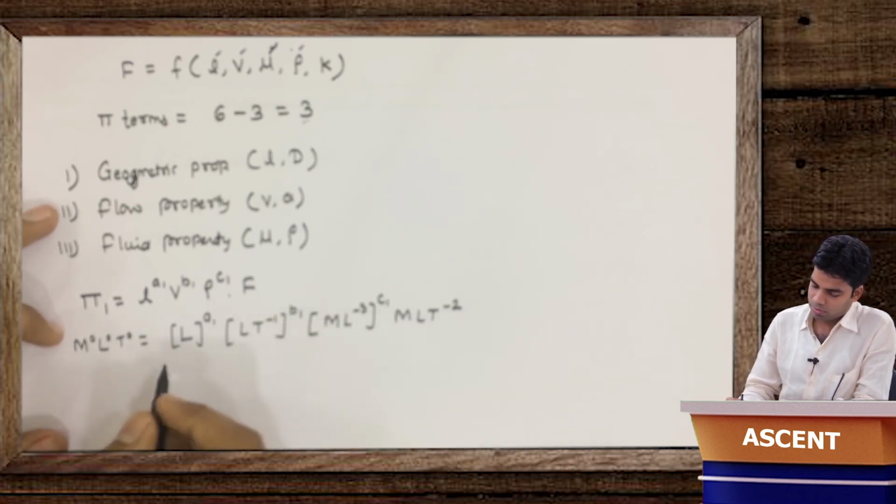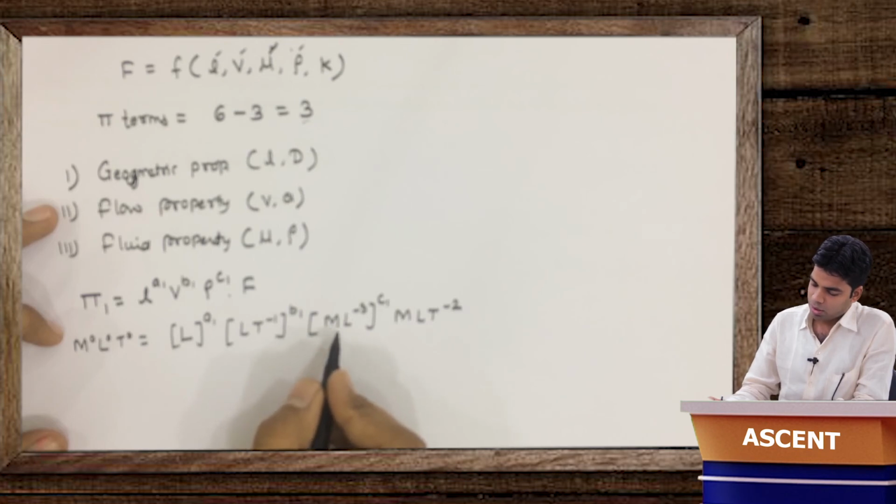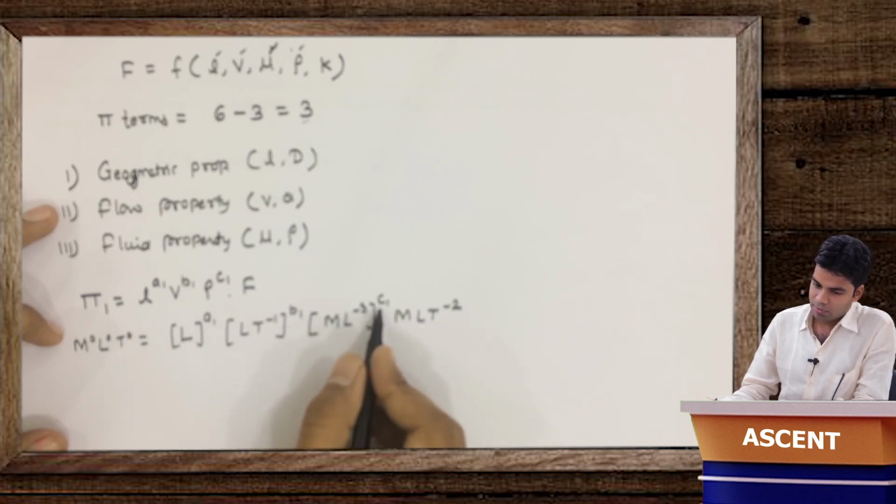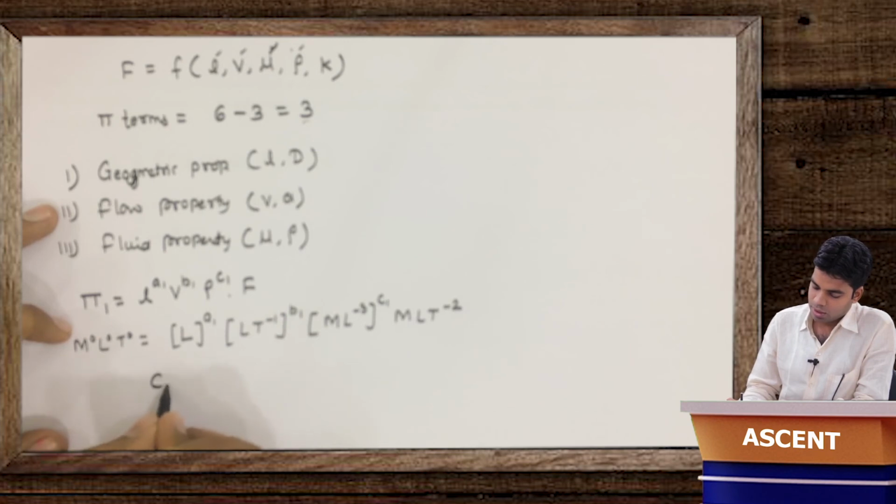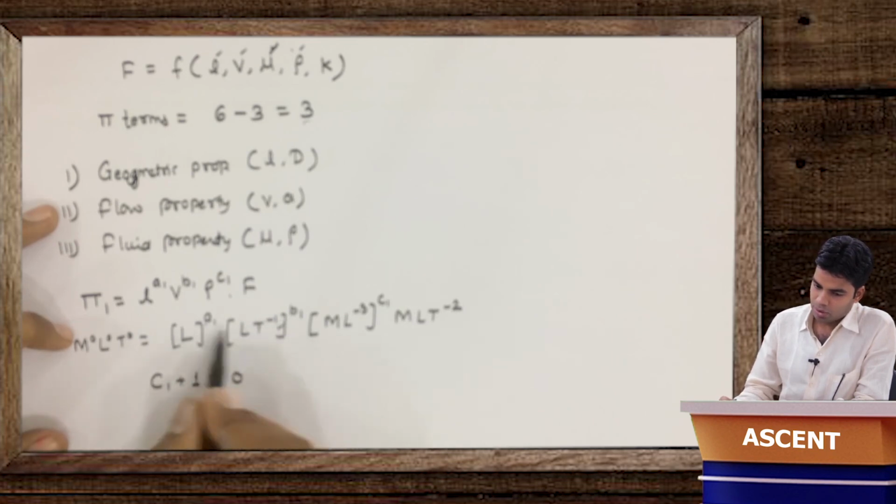Now equating the terms for M, L and T. For M, there are two terms, c1 and 1, so equating the terms we get c1 plus 1 is equal to 0.